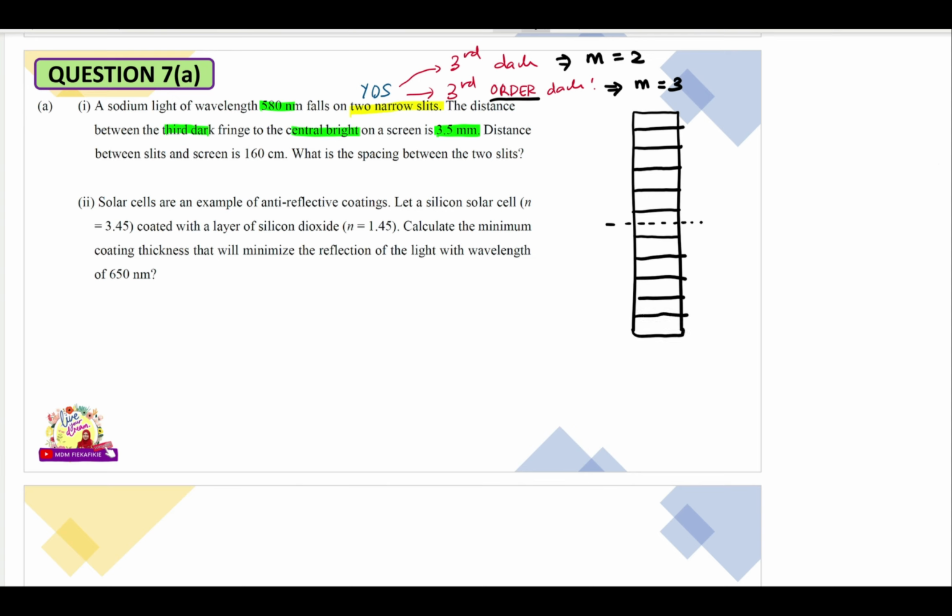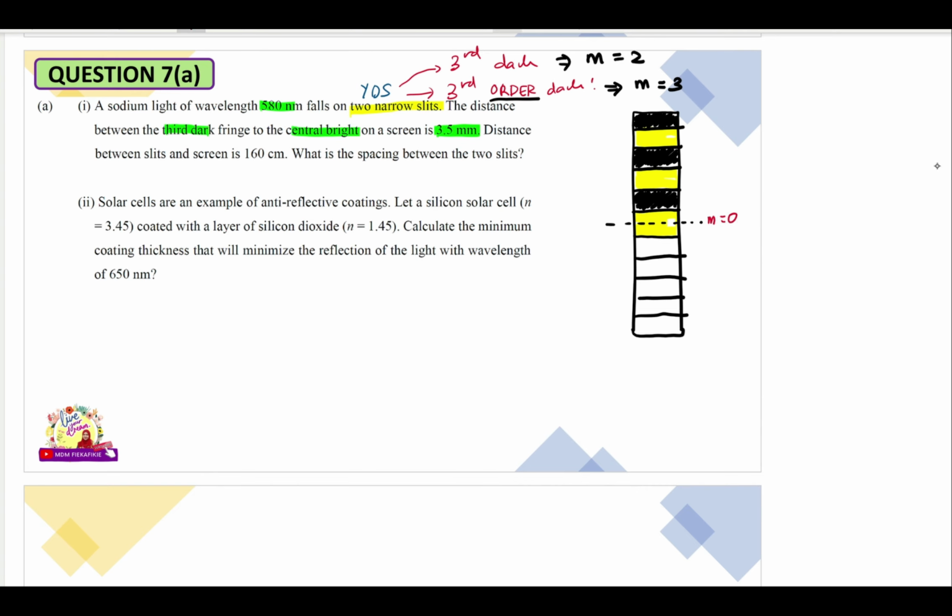So, sekarang, kalau saya highlight, this is the center, the central bright fringe. Kalau dark, yang inilah. Saya hitamkan dia. Kita consider yang hitam ni yang dark. Yang kuning tu adalah yang bright. Okay, bright fringes.